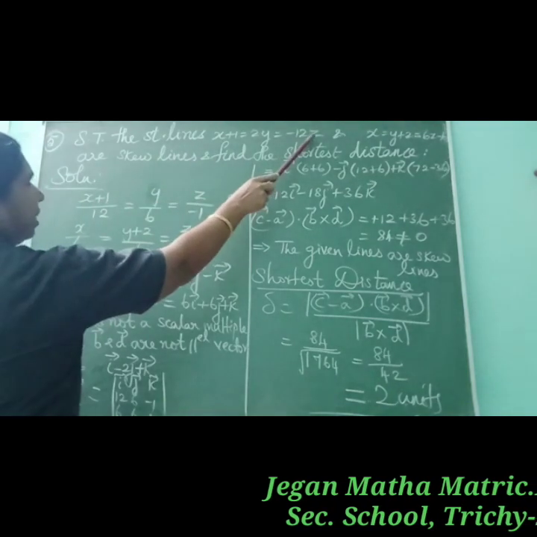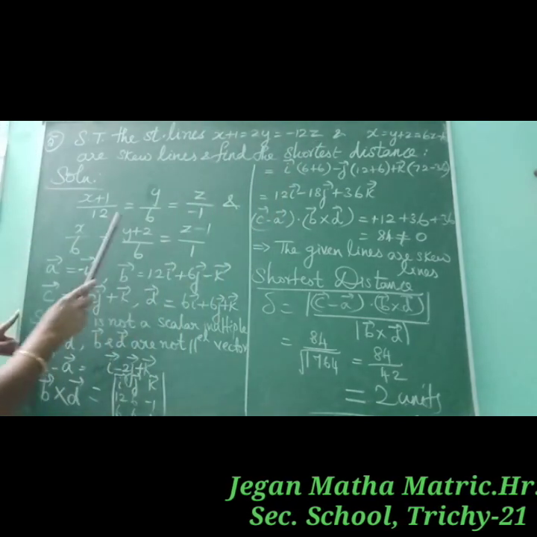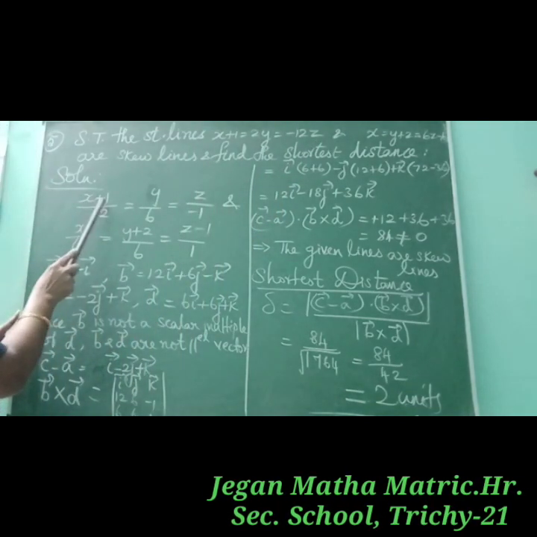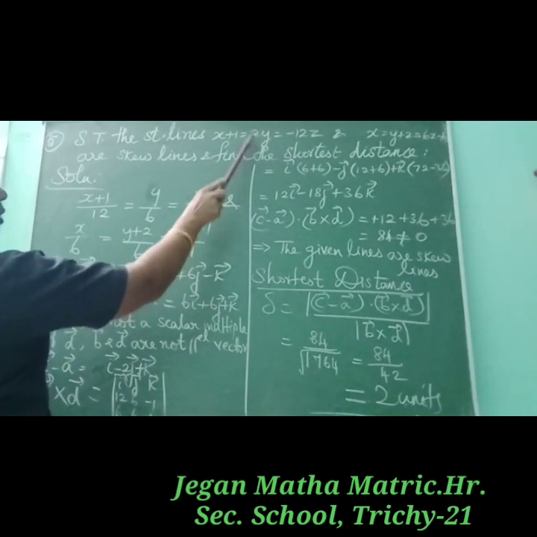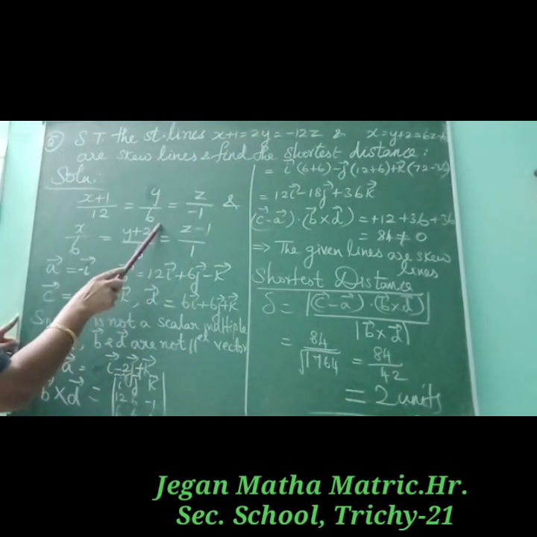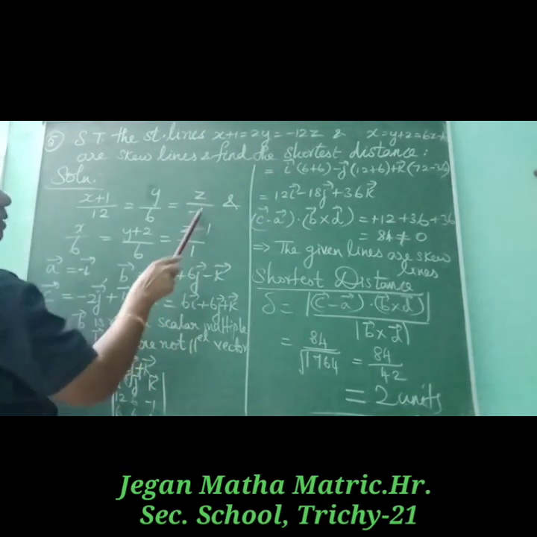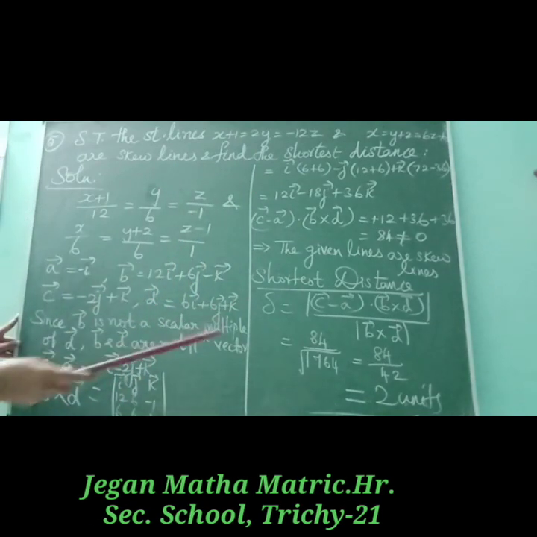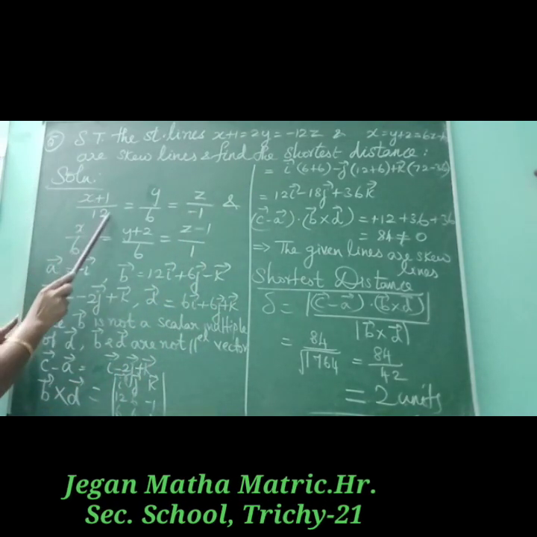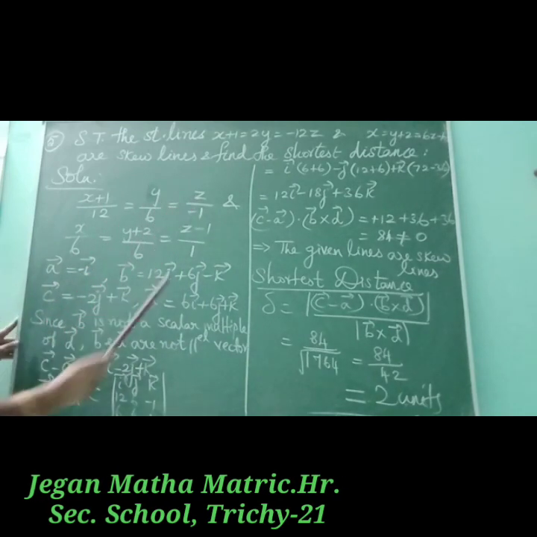Here the coefficient of z is minus 12z. So throughout, if you divide by 12, x plus 1 divided by 12, 2y divided by 12 cancels to y by 6. Here minus z divided by 12 means 1 in the numerator, and the minus sign we take to the denominator. Now we got the equation as (x plus 1) by 12 which is equal to y by 6 which is equal to z by minus 1.